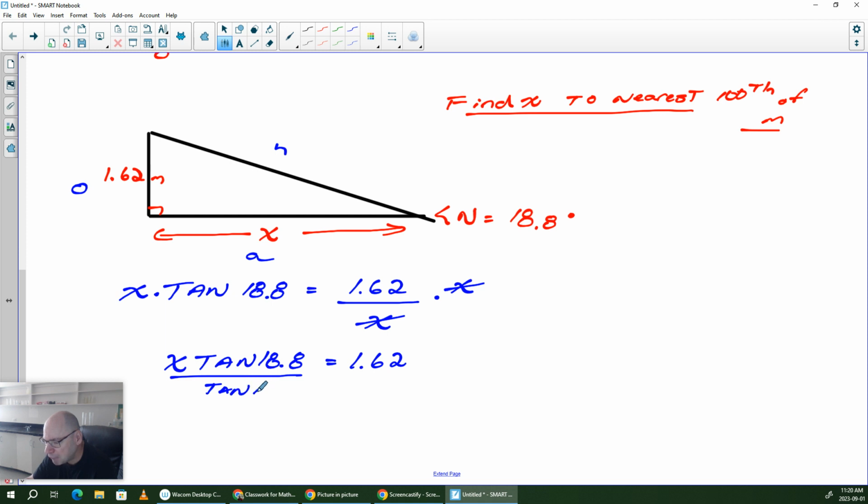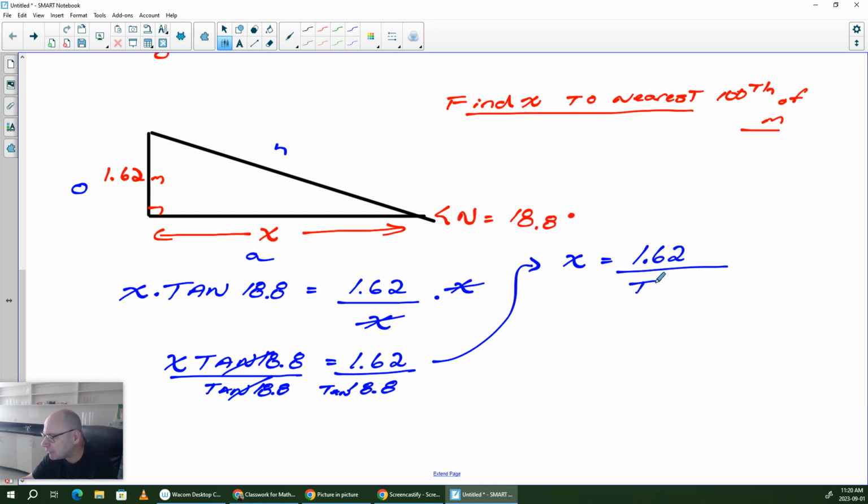So we're going to divide by tan 18.8 on both sides of our equation here. Make sure you put tan there. And this is going to get rid of the tangent here. So if we go over in this top corner, we've got x is now equal to 1.62 divided by the tangent of 18.8.